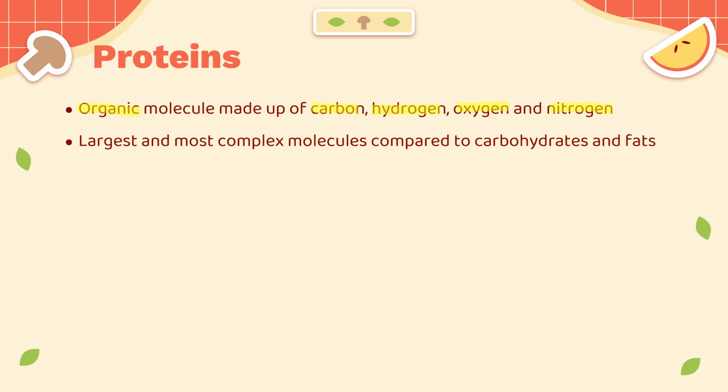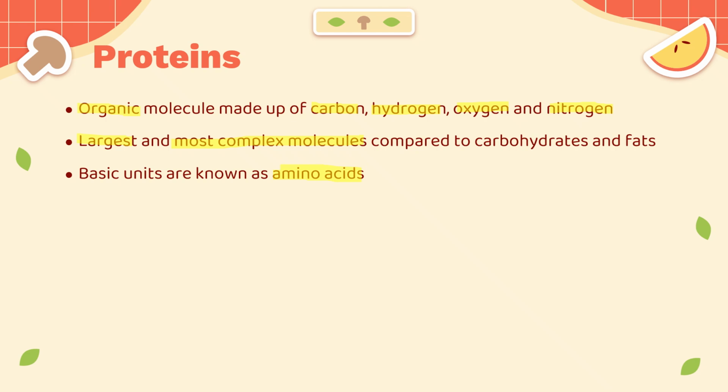They are the largest and the most complex molecule compared to carbohydrates and fats. Their basic units are known as amino acids. The reason why they are so complex is because there are 20 types of amino acids.